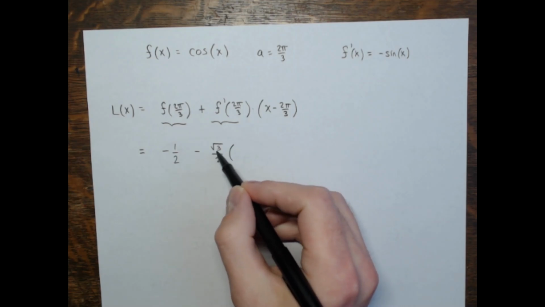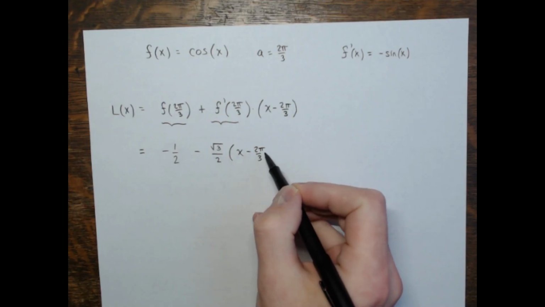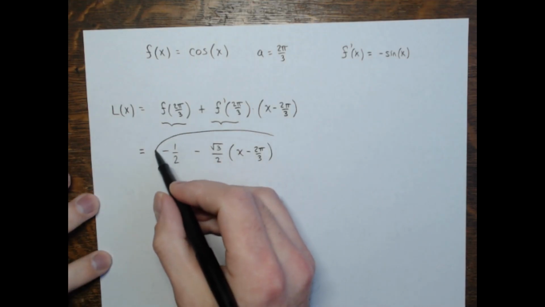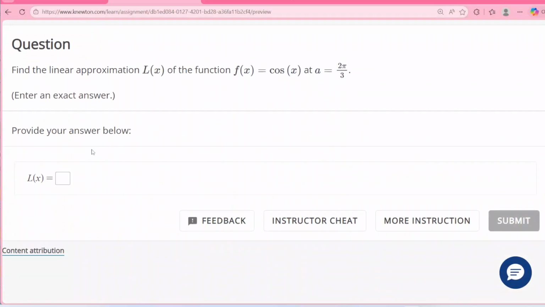And then that slope times the quantity x minus 2 pi over 3. Again, this is all I'm going to enter. They do not ask us for slope-intercept form or anything like that. Just there's how I would calculate outputs on the tangent line to this curve at 2 pi over 3.